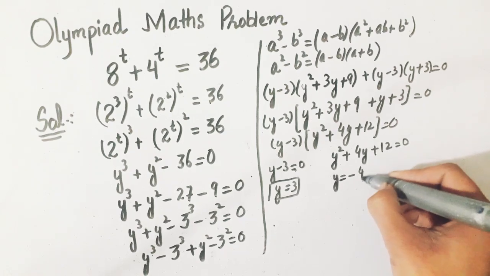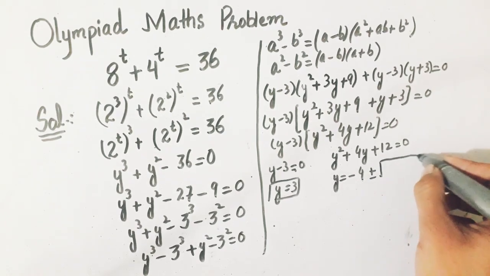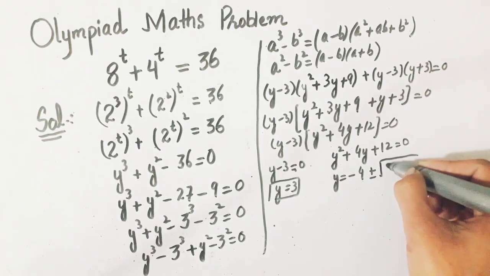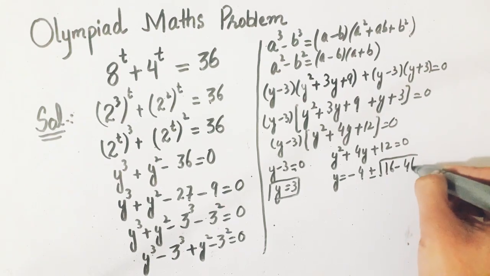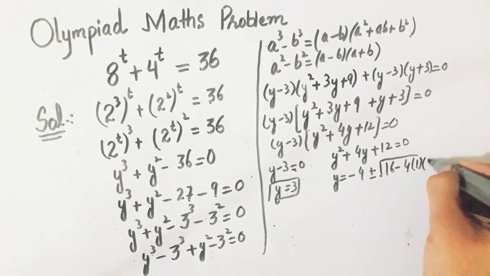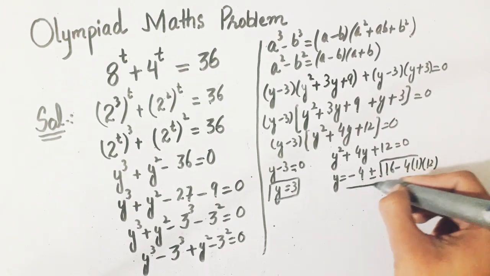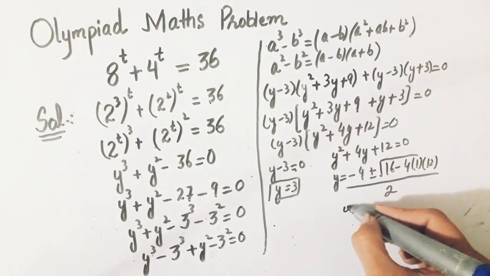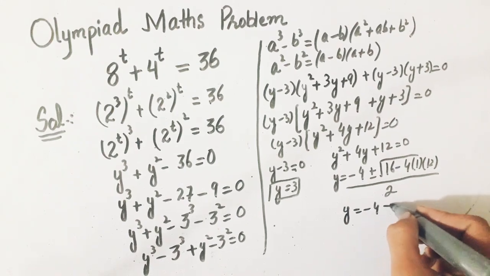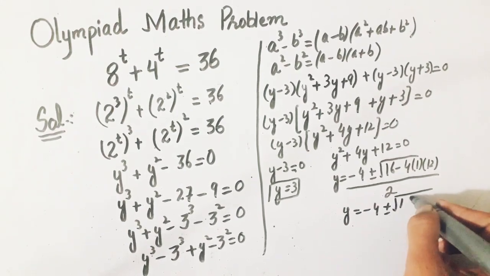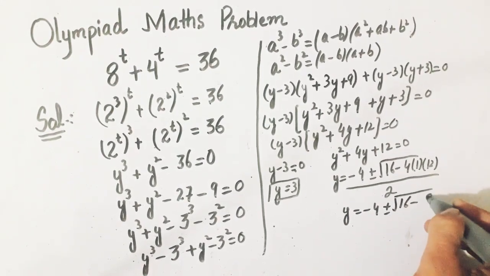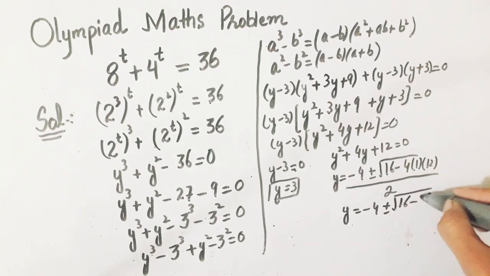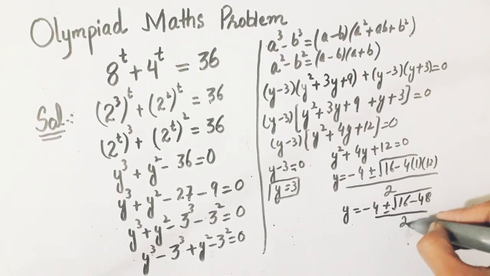According to that, y equals minus 4 plus minus root of b square, means 16, minus 4 times a, which is 1, and c is 12, divided by 2. So we get minus 4 plus minus root of 16 minus 4 twos are 8, 4 ones are 4, divided by 2.